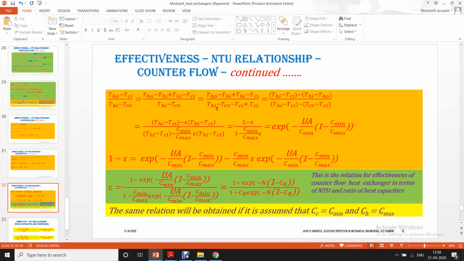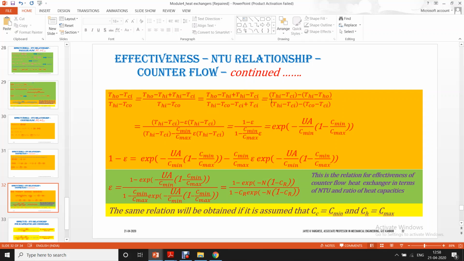And for the denominator, THI minus TCI are taken together. This is the maximum possible temperature difference in the heat exchanger, and the remaining terms are taken as minus TCO plus TCI. This is written as minus of (TCO minus TCI). Now we have (THI minus TCI minus (THI minus THO)) divided by (THI minus TCI minus (TCO minus TCI)).